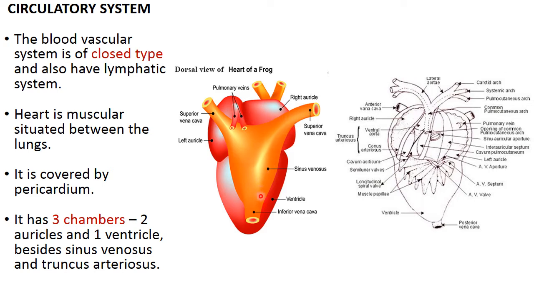And this sinus venosus किससे बना होगा कि यहाँ से जो दो superior vena cava हैं, यहाँ से एक superior vena cava है, यहाँ से दूसरा superior vena cava है जो collect करेगा blood from all parts, और नीचे से inferior vena cava, they are going to fuse together and form a triangular shaped structure on the dorsal surface of the heart that we call as the sinus venosus.